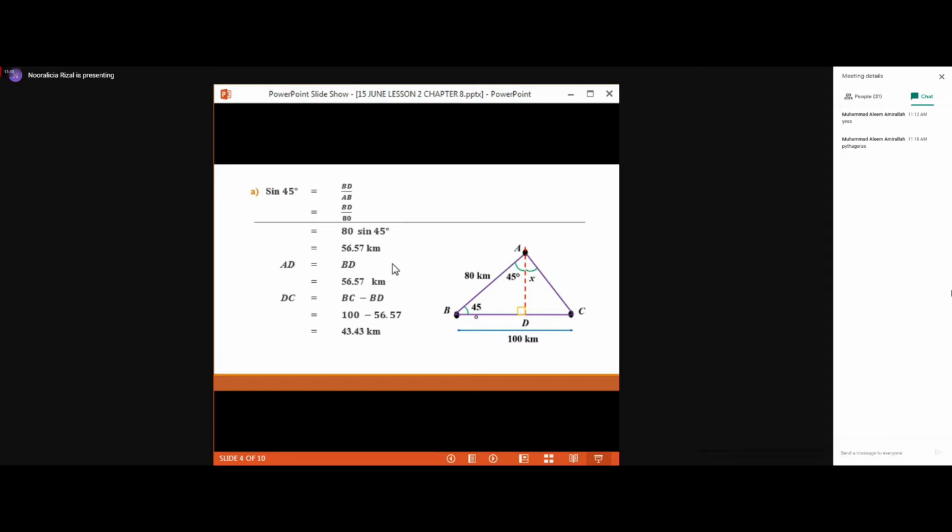AD you also already know, it's 56.57. DC you already got, which is 43.43. Therefore, to find your AC, your part A question, you use your Pythagoras theorem.